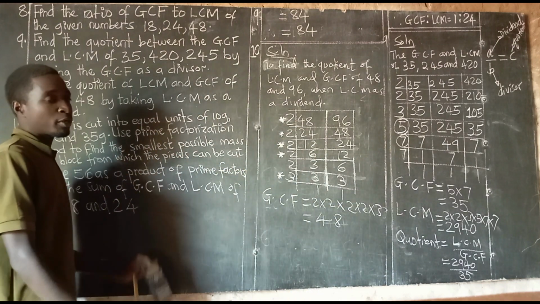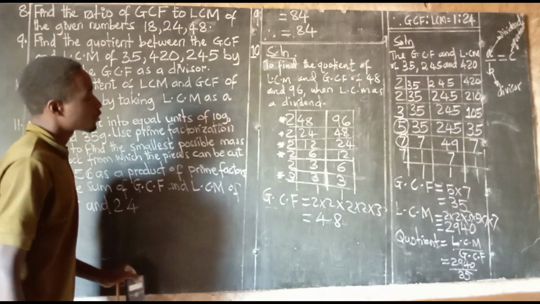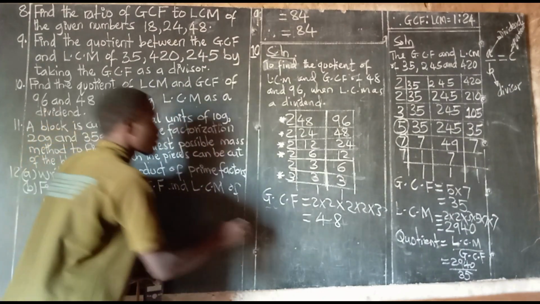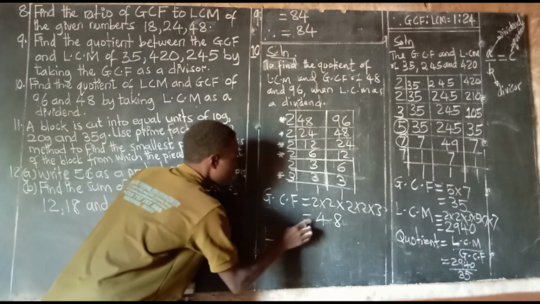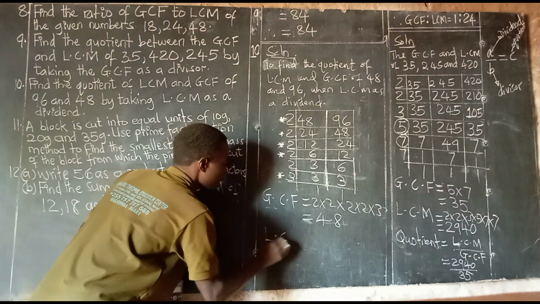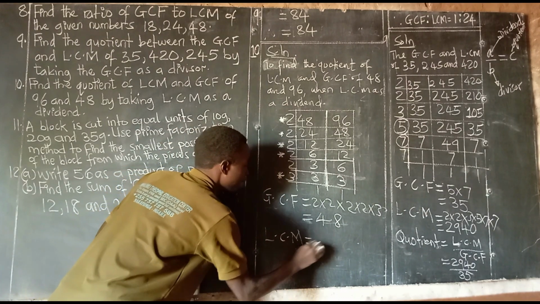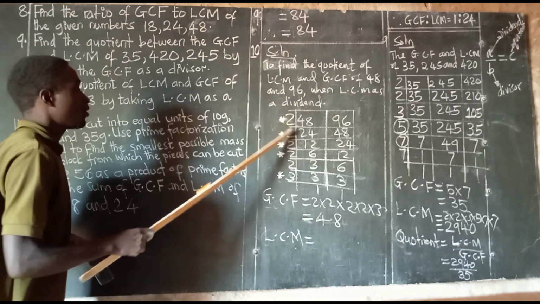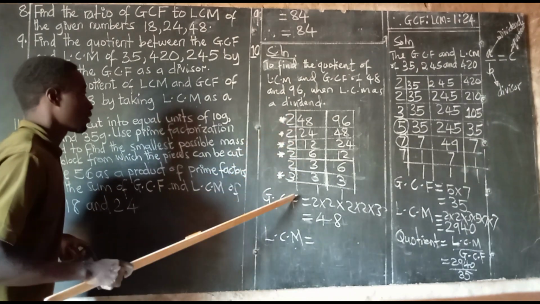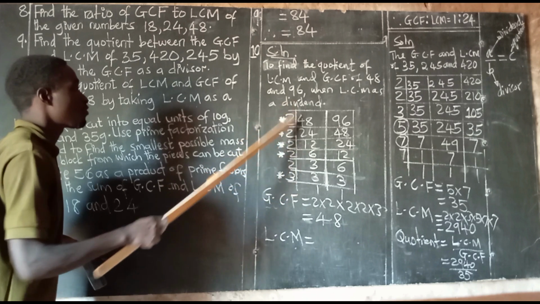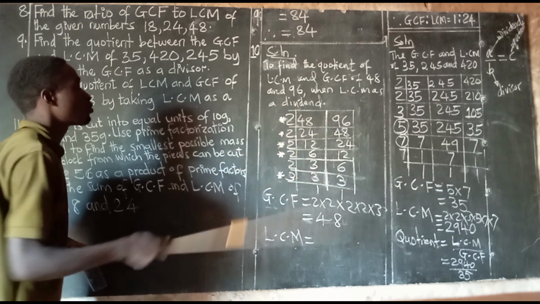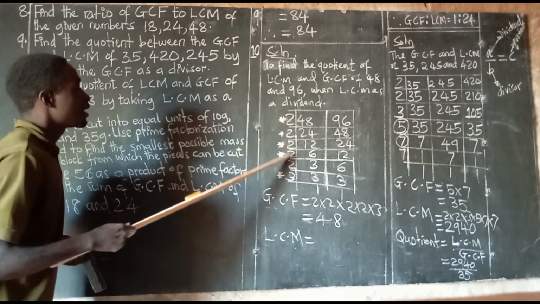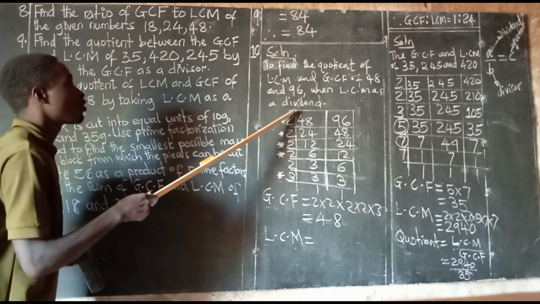Now let us look for the LCM. I have told you that for the LCM, you multiply all the appearing prime numbers which have divided the two numbers, without considering any criteria. So just multiply all of them.